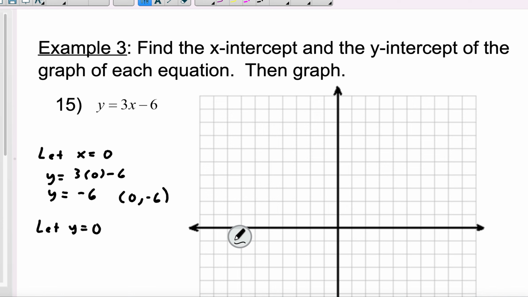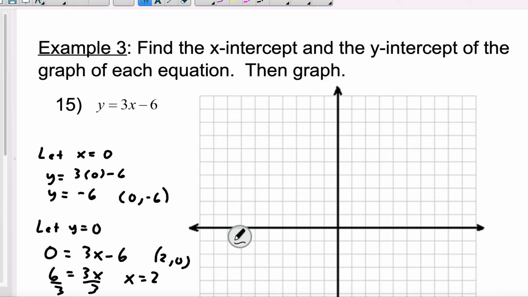Then I can find my x-intercept. I can put 0 in for y and solve this for x. I can add 6 to both sides, divide by 3, and we get x equals 2. So my ordered pair is (2, 0).